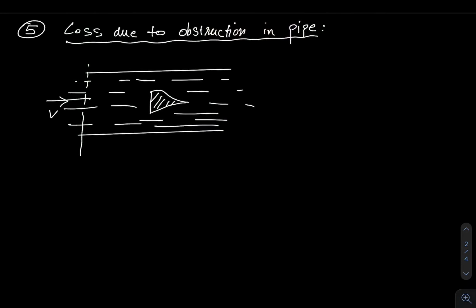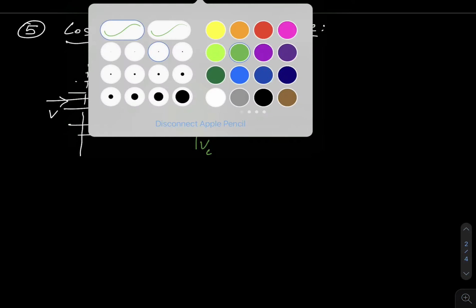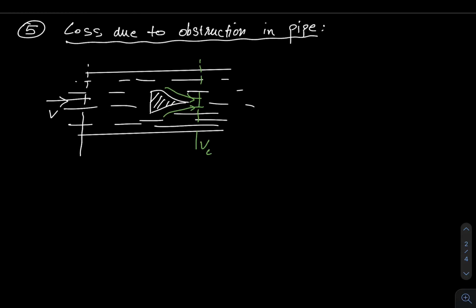So what will happen with the flow? From here, the flow will move in this direction. Let's say here this is VC. What is VC? It's the vena contracta. We have studied it in venturimeters also. So what is the head loss due to hindrance?